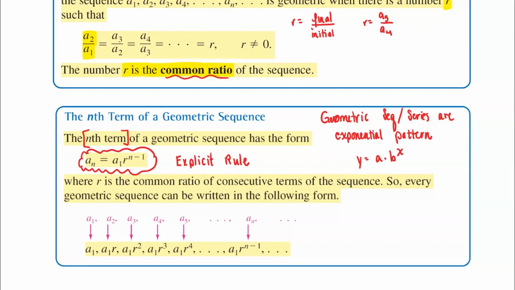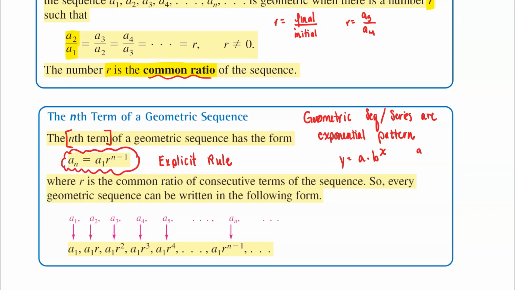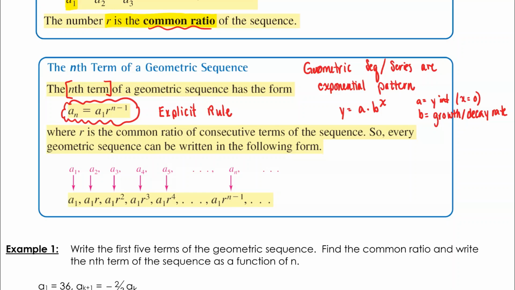And of course, the a value is the y-intercept, and this is when x equals 0. And then the b value was either the growth or decay rate.